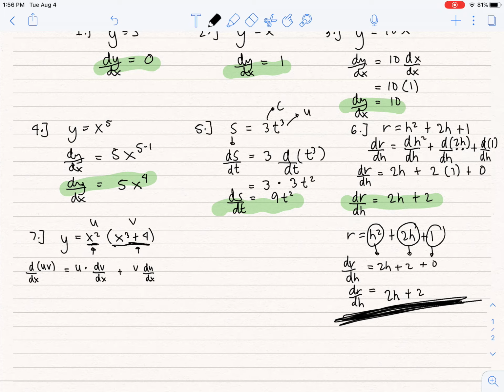So dy over dx, because y and x naman po dito ang variables, and then kung unsang nasa ubos mao na ang independent variable, which is x, is equals to u, di ba? U here is x squared, right, multiplied by the derivative of v with respect to x, or the derivative of this function.